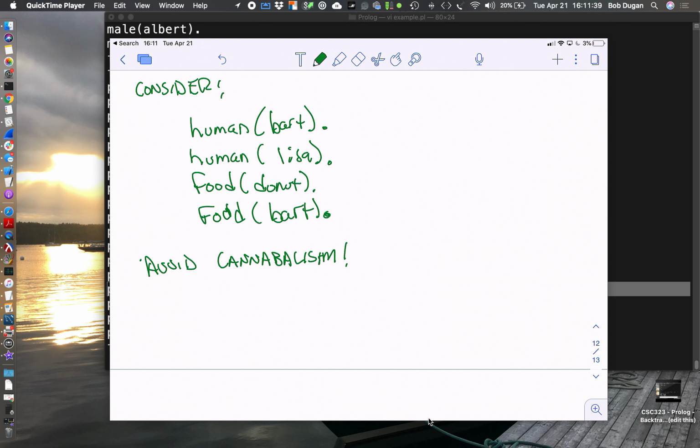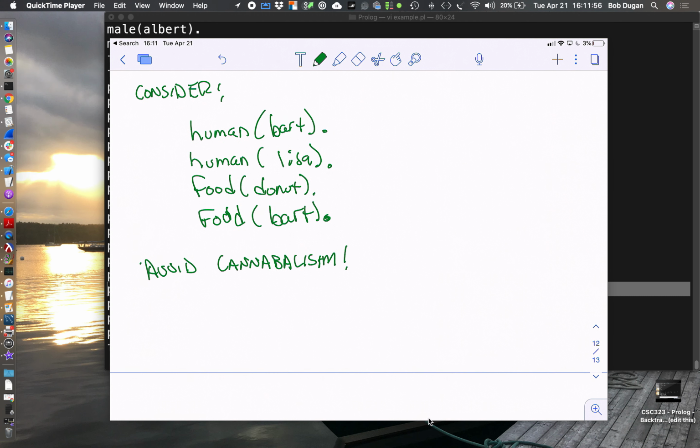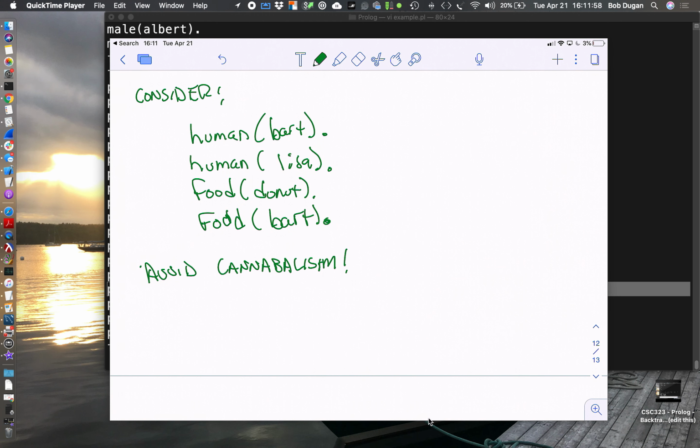So our goal here is we want to avoid cannibalism. What if we issued a query on the fly that said this? To avoid cannibalism, first of all, whatever we're going to eat can't be human.